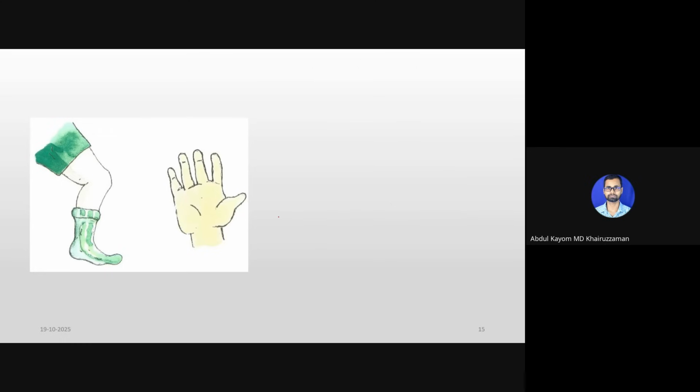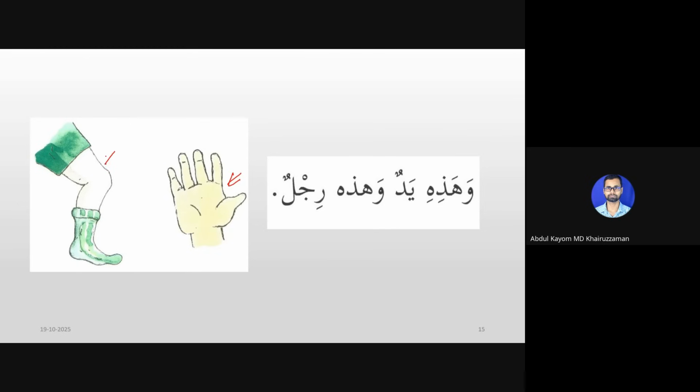Similarly we have two hands, so hands are used as feminine, and the leg also is feminine. Hand in Arabic is yadun, and rijlun means leg.